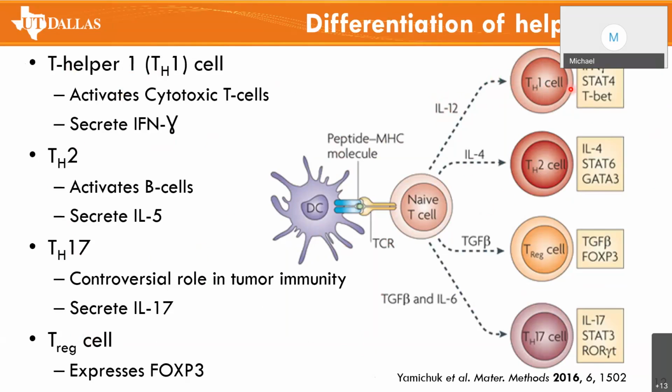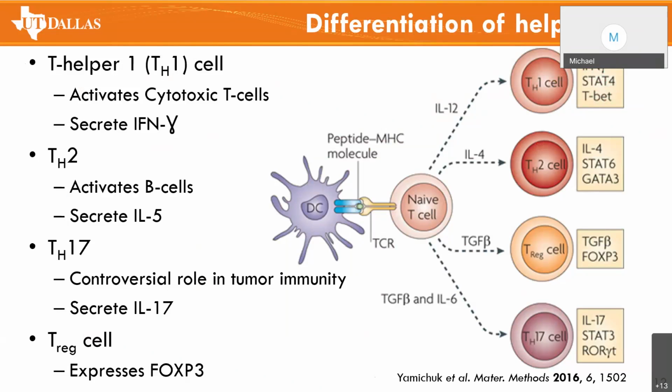It can still help in producing antibodies, but it tends to lean more towards activating cytotoxic T cells. We can distinguish them by their production of IFN gamma, STAT4 and T-bet. STAT4 and T-bet help Th1 cells produce IFN gamma and TNF alpha, which are inflammatory cytokines.